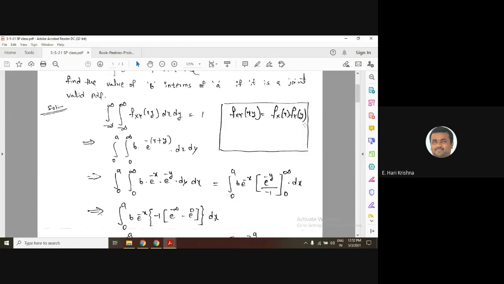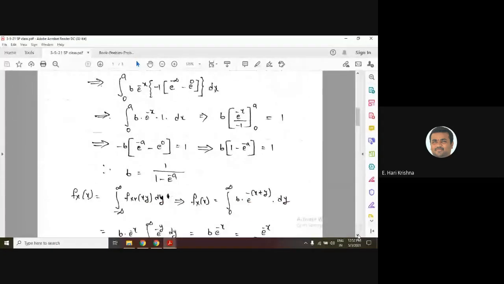We can write the joint PDF as the multiplication of the individual, that is marginal, density functions.